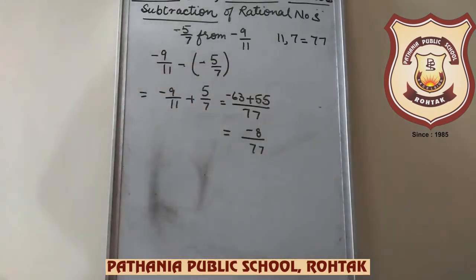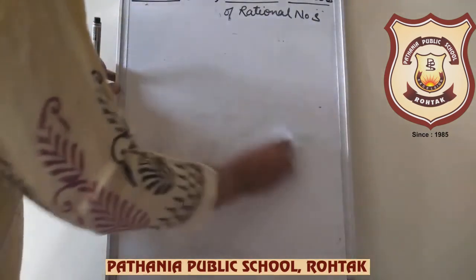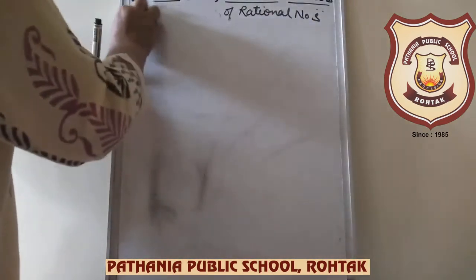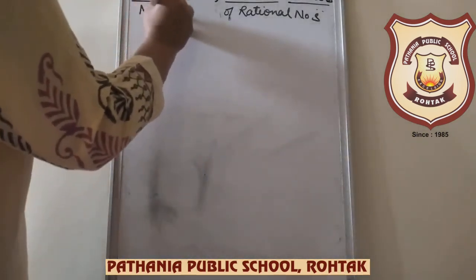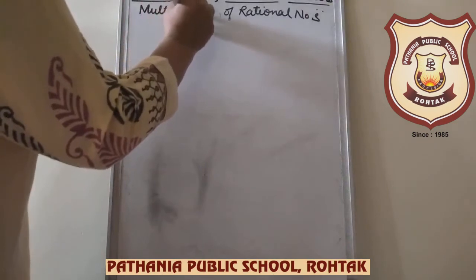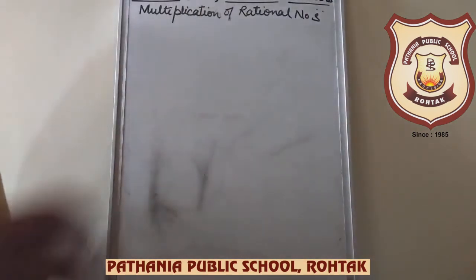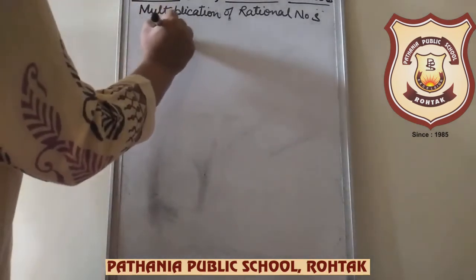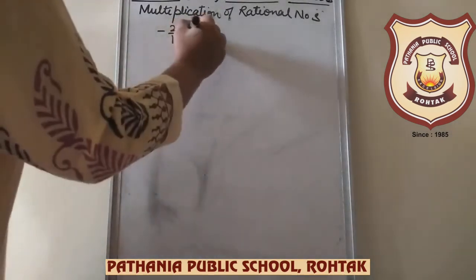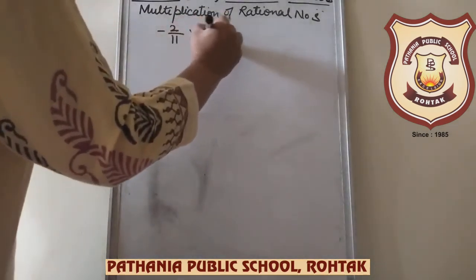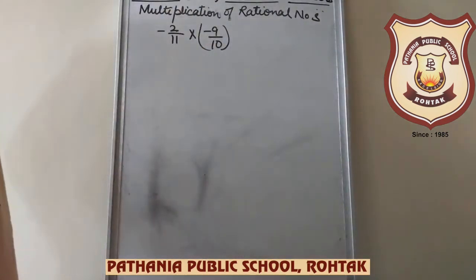Okay. Now comes the multiplication. How to multiply? It is simple, as you have done for the fractions. You have to find the product of minus 2 upon 11 multiplied by minus 9 upon 10. Okay.